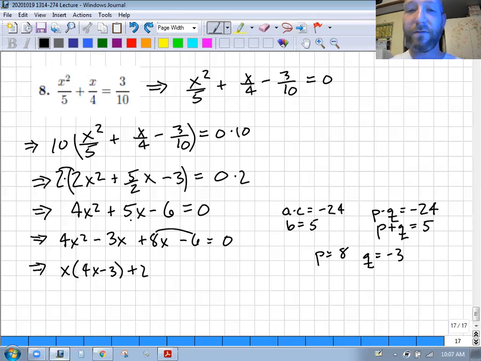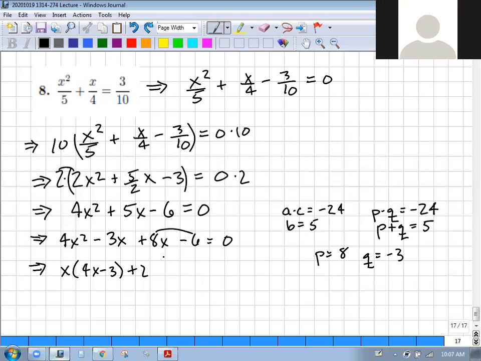So I'm rewriting the 5x as an 8x minus 3x. This one I pull out the x. So I get a 4x squared minus 3x. Something seems wrong.